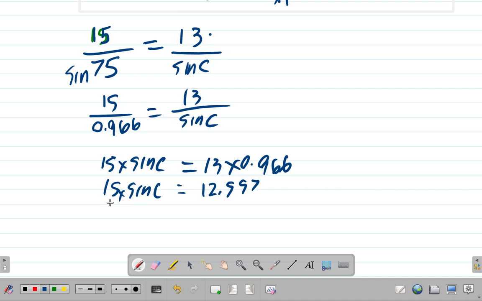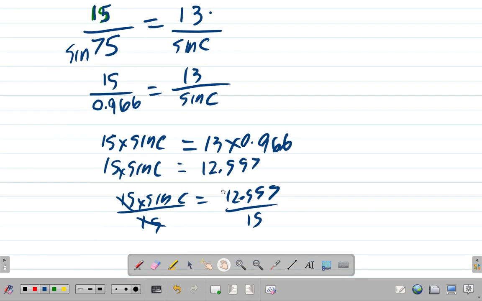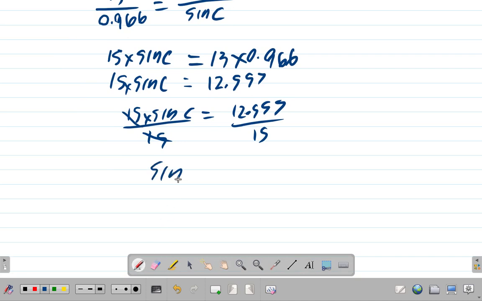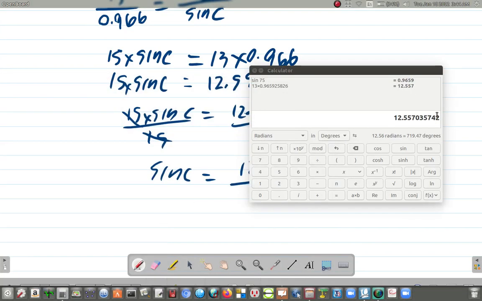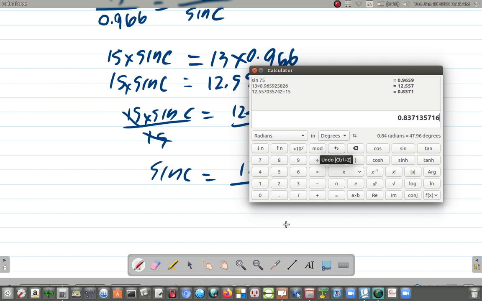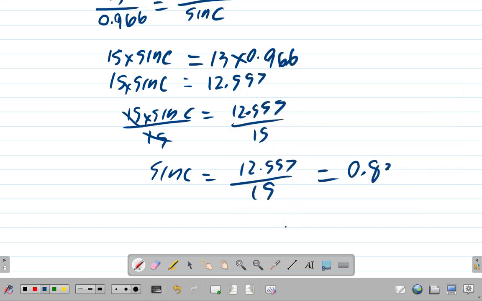So 15 times sine C equals 12.557, and if you divide both sides by 15, the 15 cancels. What you have is that sine C is equal to 12.557 over 15, which is 0.837.